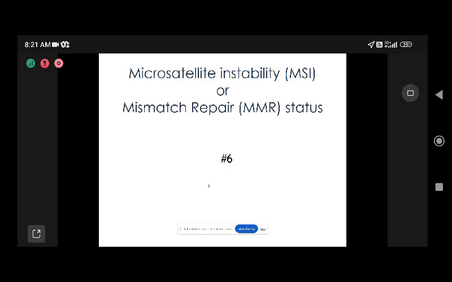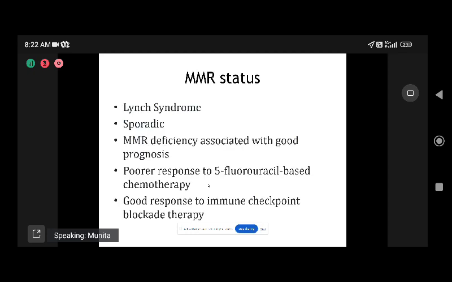Last but not the least, microsatellite instability or the mismatch repair status. That is a required item in all colorectal cancers. The mismatch repair status should be provided.